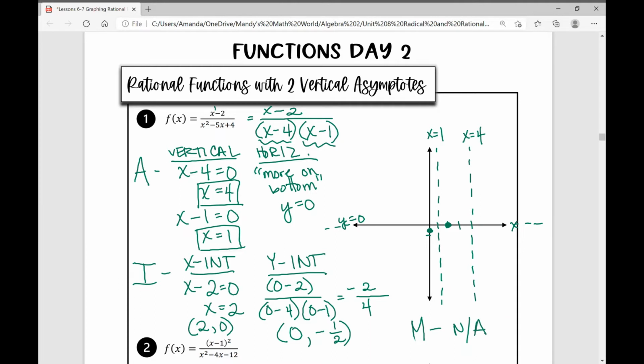So now we've got these multiple vertical asymptotes. We have an x-intercept, so this is really the first time you're going to see an x-intercept on that horizontal asymptote, and that is absolutely okay. A lot of students get confused. I thought an asymptote was something a function just continuously approached and never crossed.